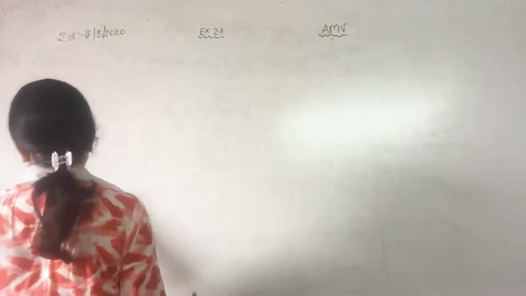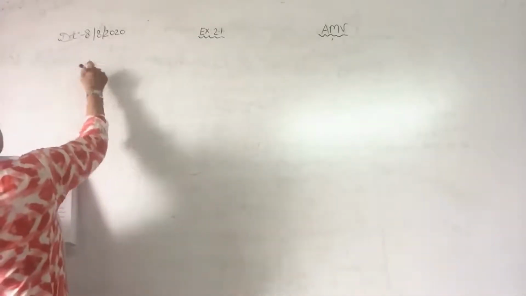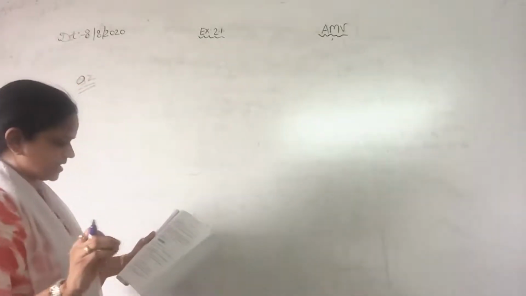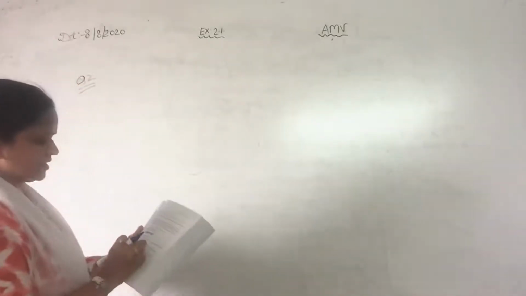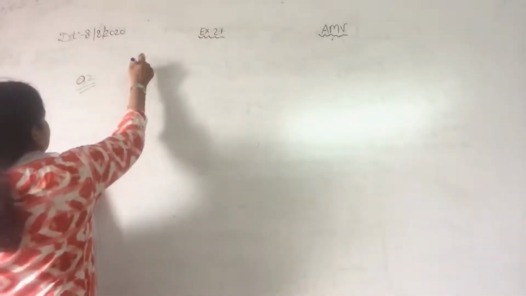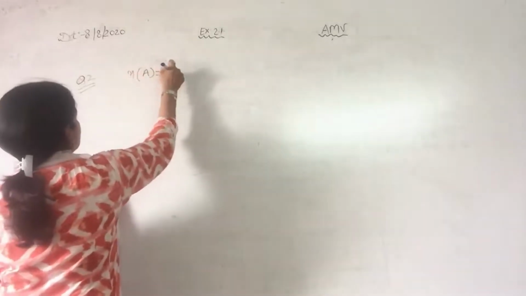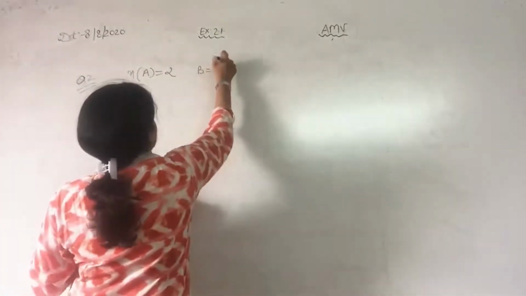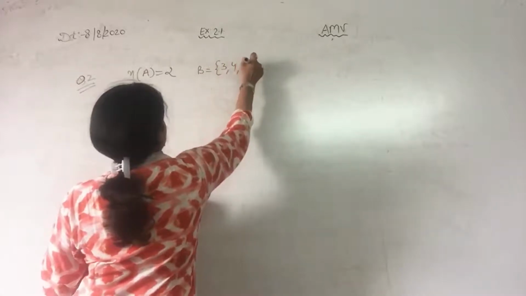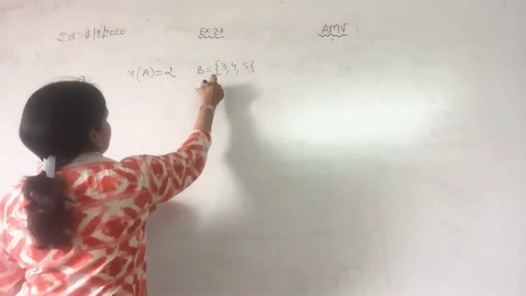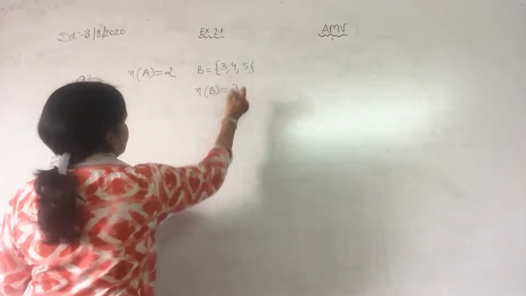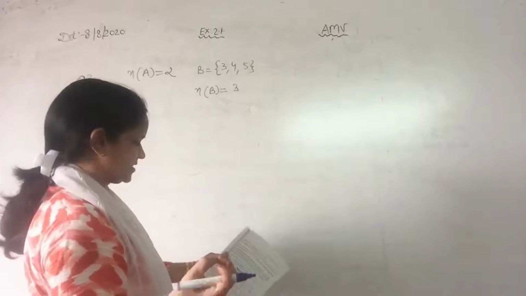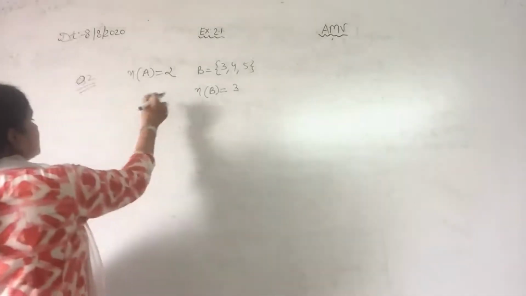Move to the next question. If set A is given as {2} and set B is given as {3, 4, 5}, the number of elements in set A is 1 and in set B is 3, and required is to find the number of elements in the Cartesian product A×B.